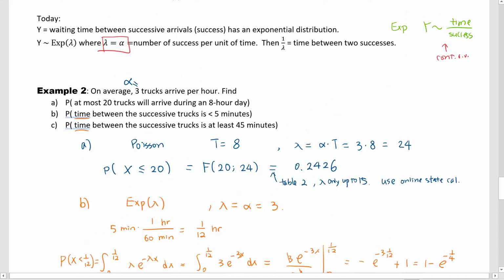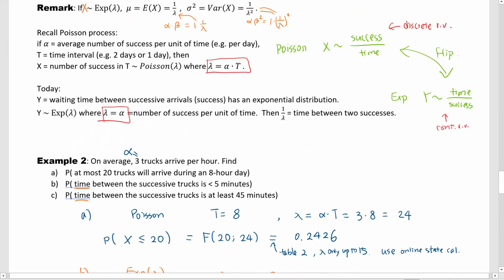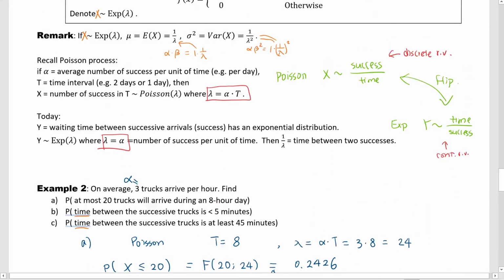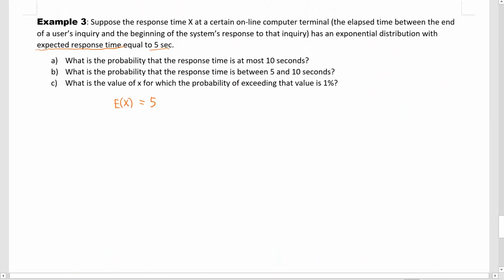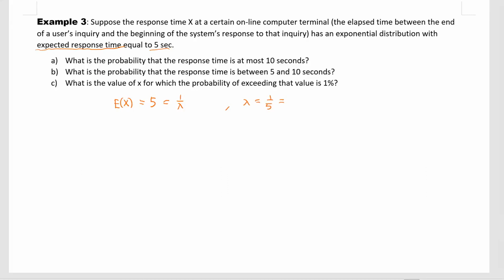You don't need to memorize it, but we have the formula for the mean. Mean is 1 over lambda. So 1 over lambda equals 5. Then what is lambda? 1 over 5, which is 0.2. Right? So that is lambda. Then let's look at the first one.